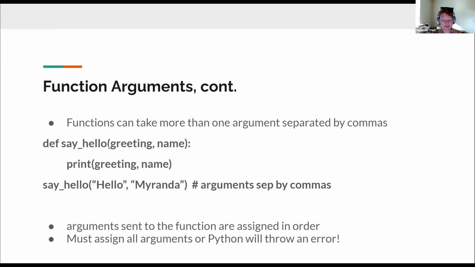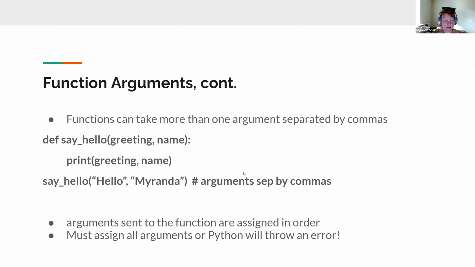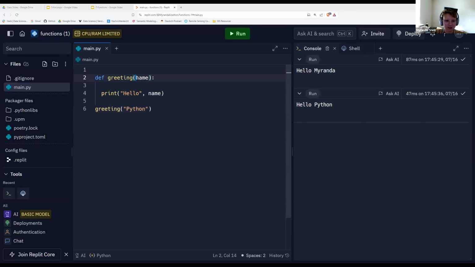But for defined, if you want to put a defined number of variables in there, we can put in our arguments in this order. So let's just look at an example of this. Now let's say we want to customize it again. Okay, say hello.